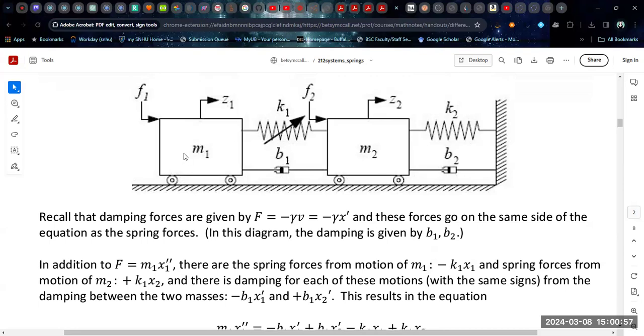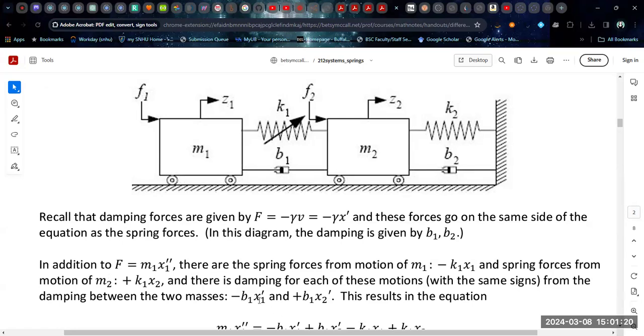So here's M1 and it's moving. We get 1 spring that's going to give us a force in the opposite direction to the motion. If M2 is moving, then that is going to apply another force, as we saw in the previous example, to M1 because of the motion of M2.